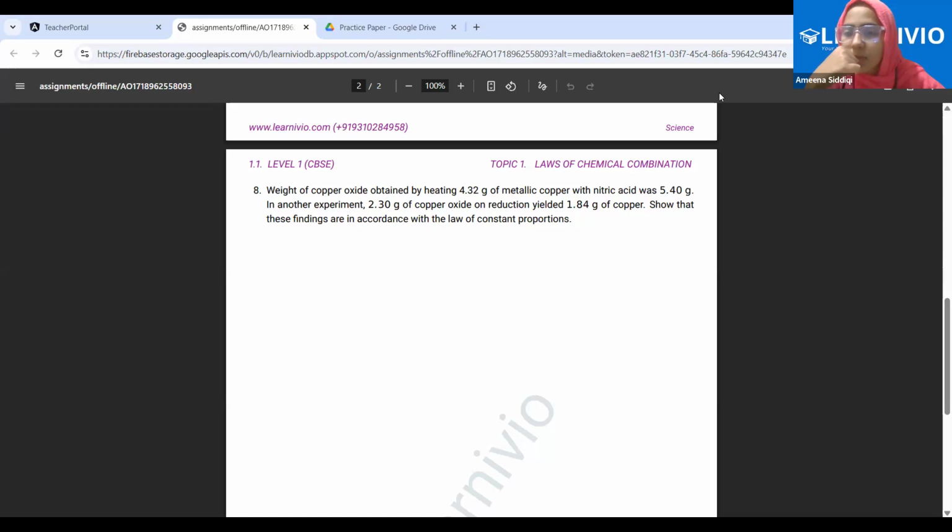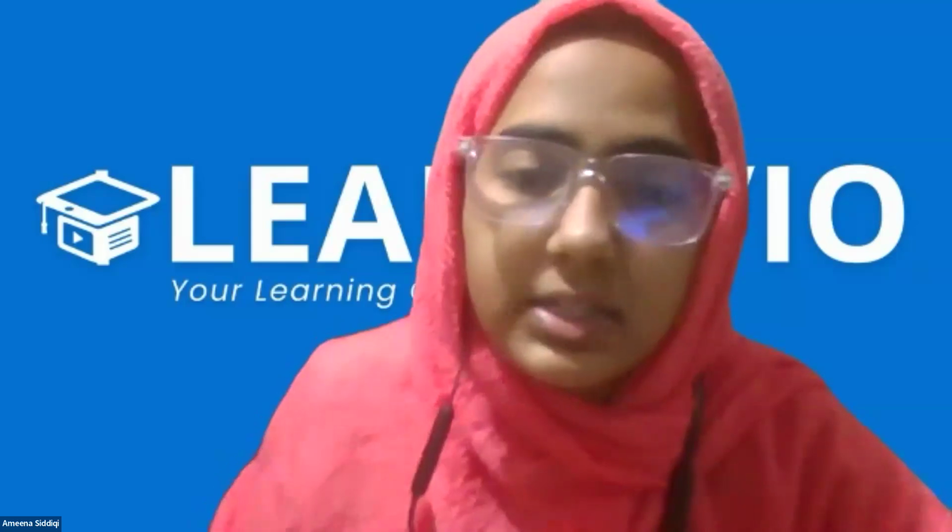It's the mass of nitric acid, I think. No, it's the mass of copper oxide. And what is 4.32? It's the mass of metallic copper.